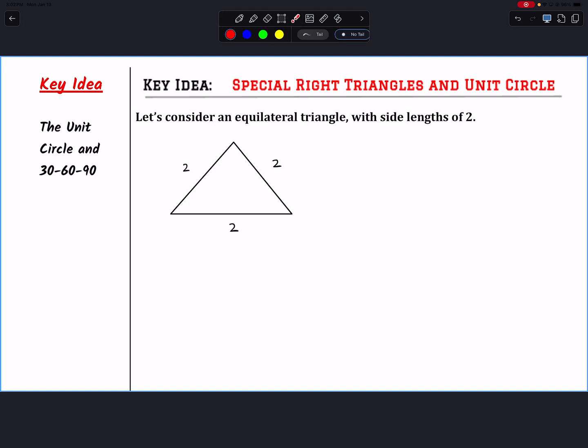Now what's cool is if all the sides are the same, that means all the angles are the same. Tell me, guys, how many degrees exist in a triangle? 180. So if they're all the same, what's 180 divided by 3? 60. Good. So 60, 60, 60.